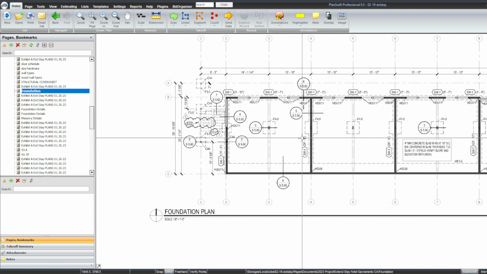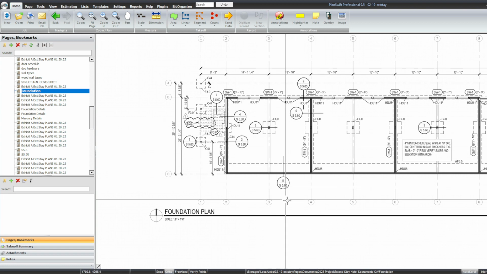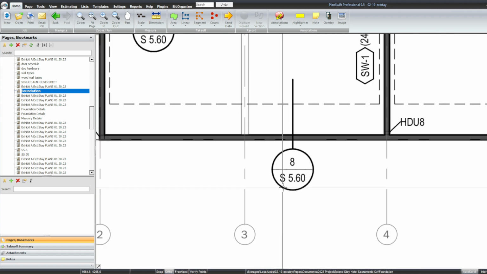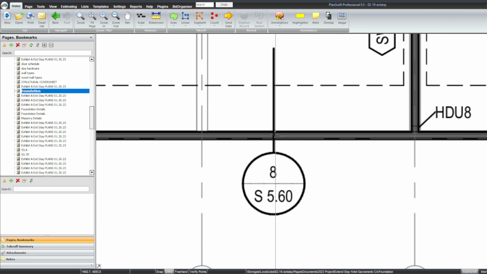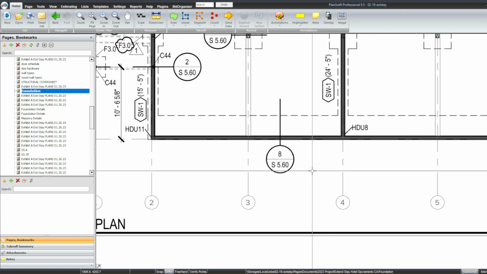What's the purpose of the section view in the concrete? It's as if we took this and cut it open, like a piece of bread. We cut the piece of bread open, and now we can see the interior construction, what makes up that piece of bread. Because we need to know a few things.